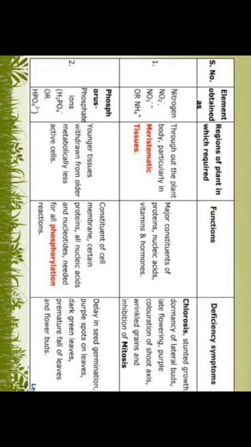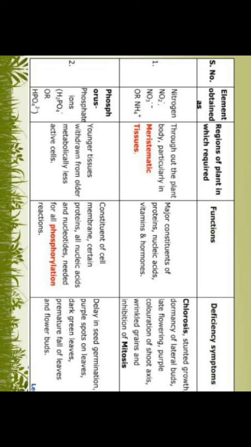Next, students, let us see those micronutrients and macronutrients, the region of the plant where required, function and deficiency symptoms, one by one in detail. So just now we had a discussion regarding nitrogen. About nitrogen, let us learn the detailed explanation.